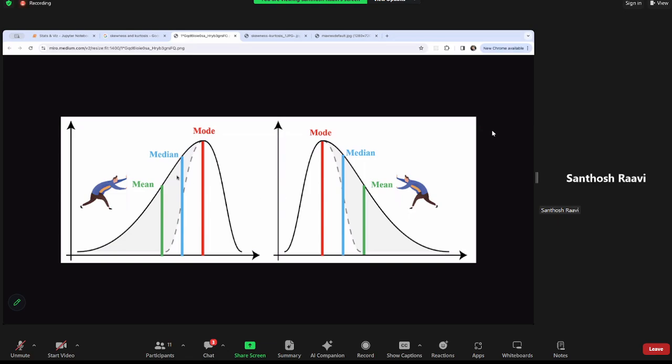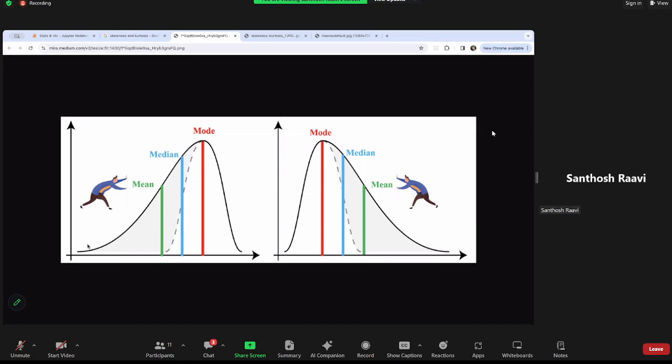Nothing but here you are having some outliers, that's it. If you see a wave like this, you are having some outliers. Right-tailed means you have outliers at the higher values. Left-tailed means you have outliers at the lower values. That's the only meaning. If you have outliers, then the shape of the curve will be tilted.